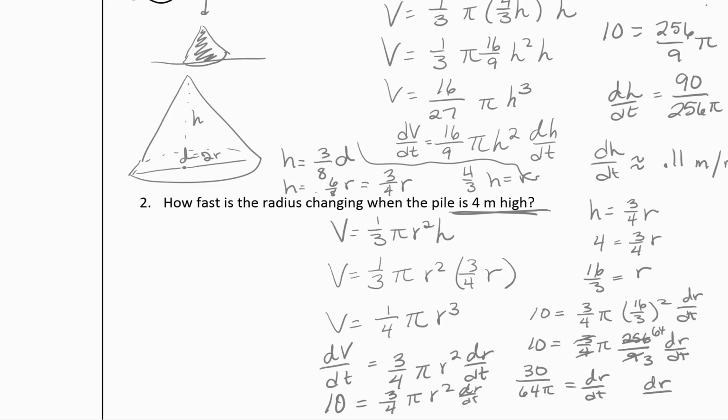So dr dt is approximately 0.16 meters per minute. Okay, so you can see sometimes if you have more than one variable in an equation, you'll have to first find another equation that relates those variables and do a substitution so that you only have one variable when you're taking the derivatives.